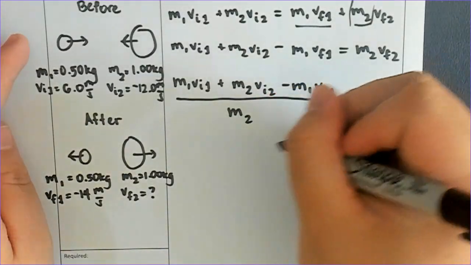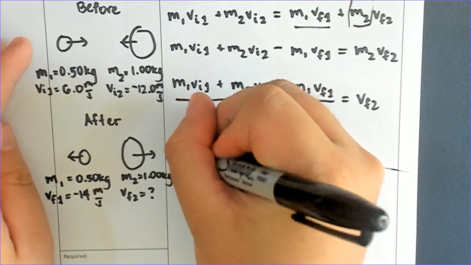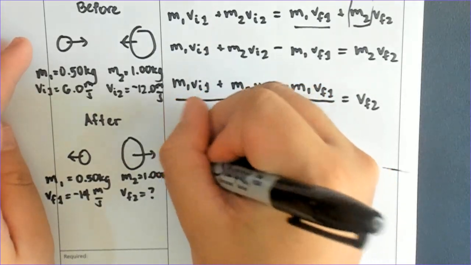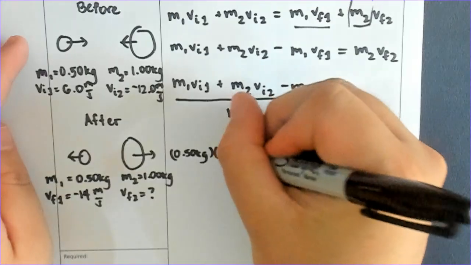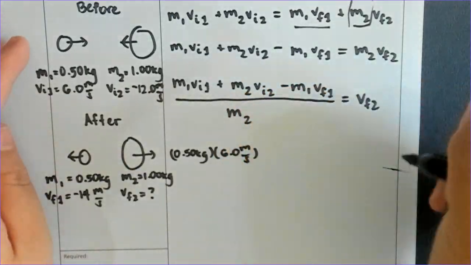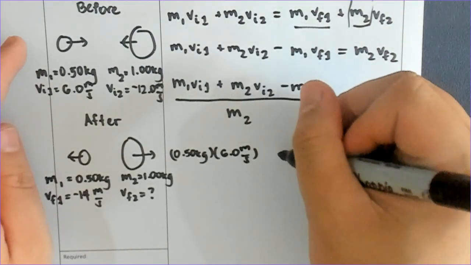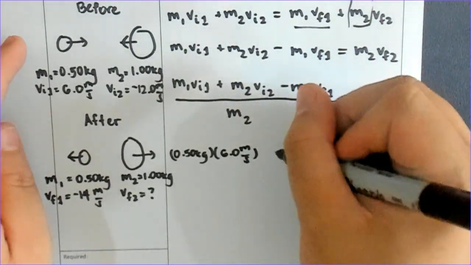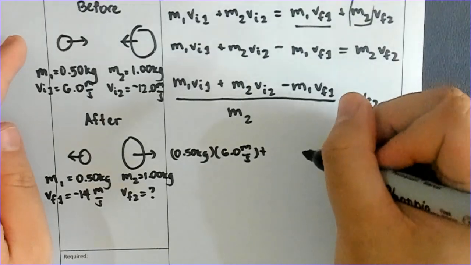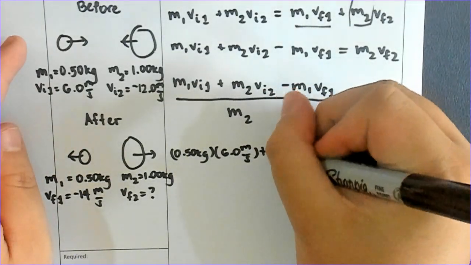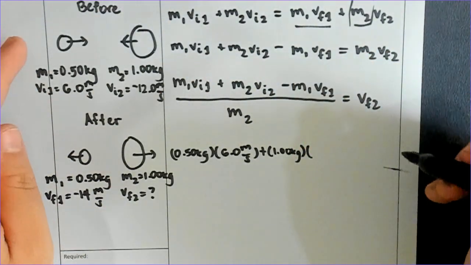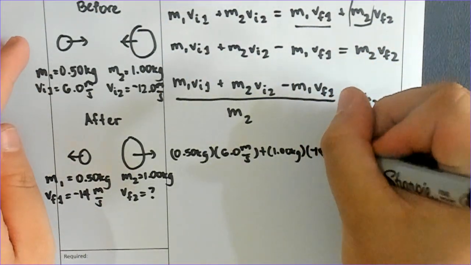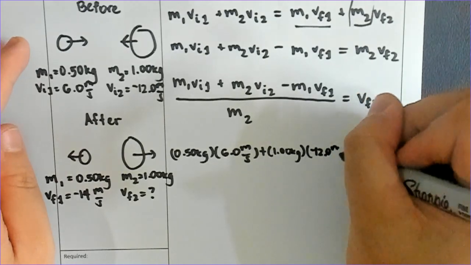So m1, what is m1? 0.50 kilograms. What is vi1? 6 meters per second. What is m2? Plus m2, which is 1 kilogram. And then vi2, which is minus 12.0 meters per second.